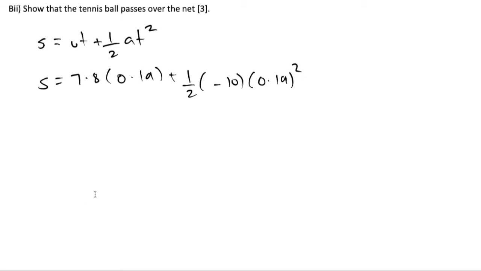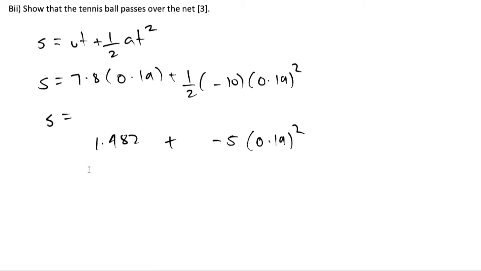So let's put this into our calculator. So we get displacement is equal to, so 7.8 into 0.19. This portion is equal to 1.482 plus negative 5 multiplied into 0.19 squared.